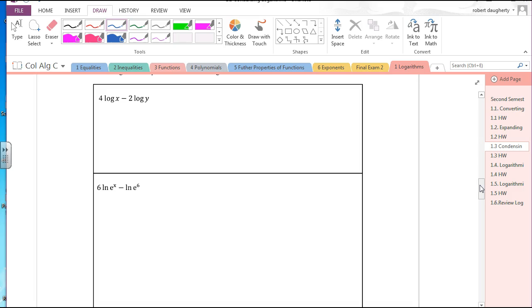So this could be written as the log of what? X to the 4th minus the log of what? Y squared. Now I've got the log of something minus the log of something. That tells me to combine those, it will be a what? Quotient. It will be a quotient. This will be my numerator and this will be my denominator.